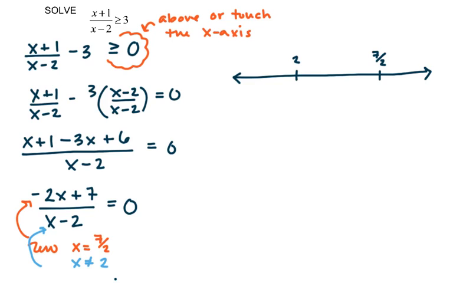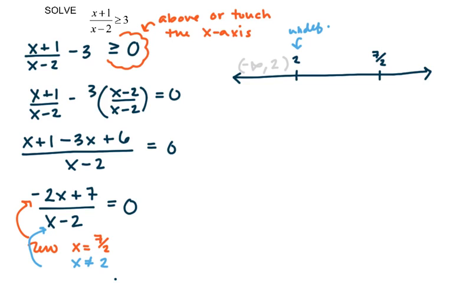And so this has created some intervals for me. I have negative infinity to 2. Even though my problem says equal to in it, I can never touch negative or positive 2 because it's a vertical asymptote. It's undefined.